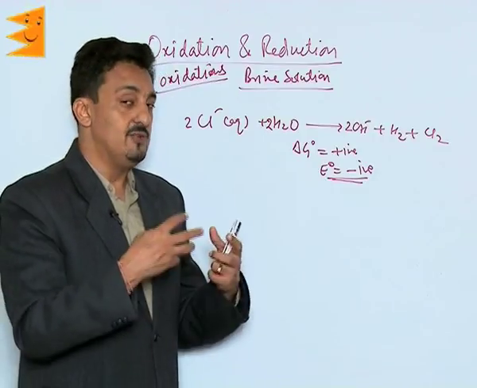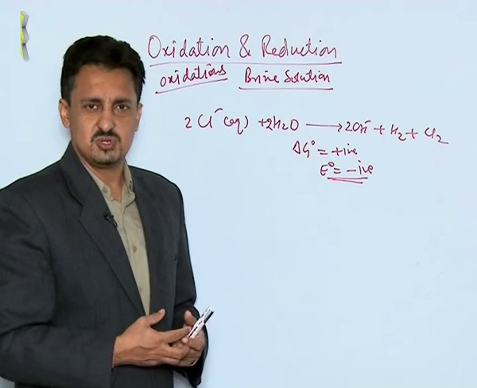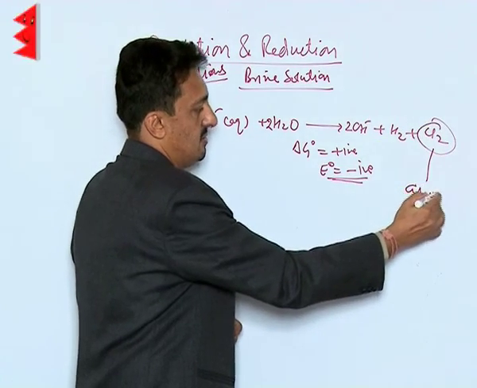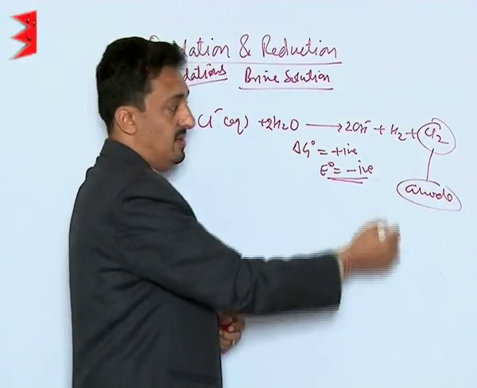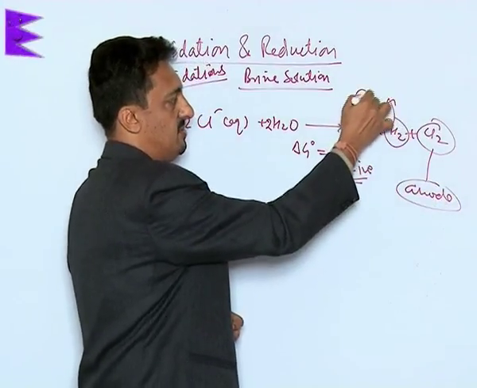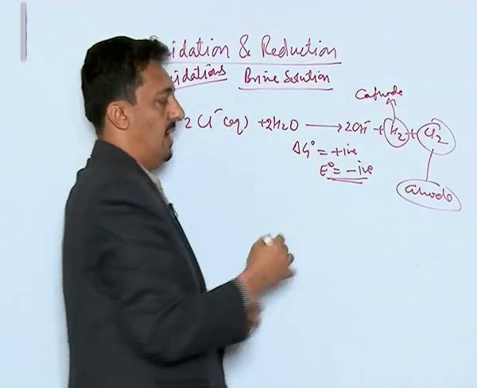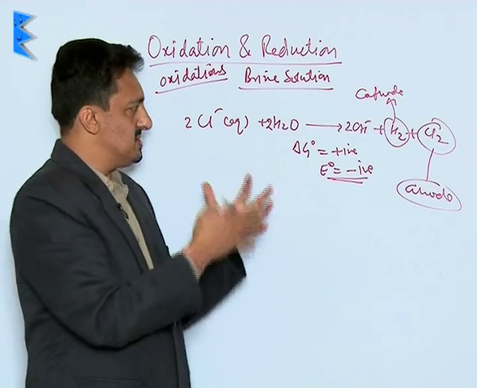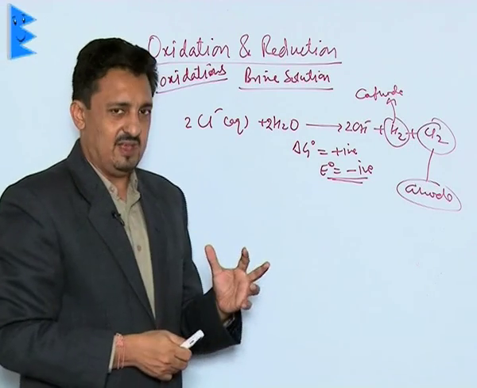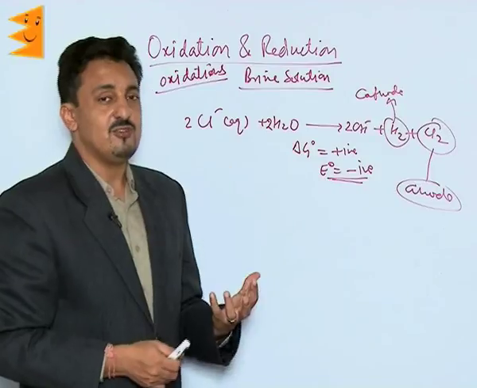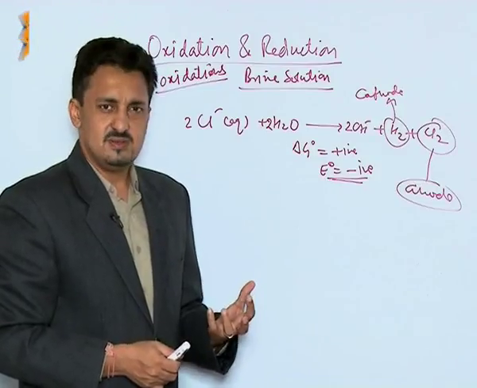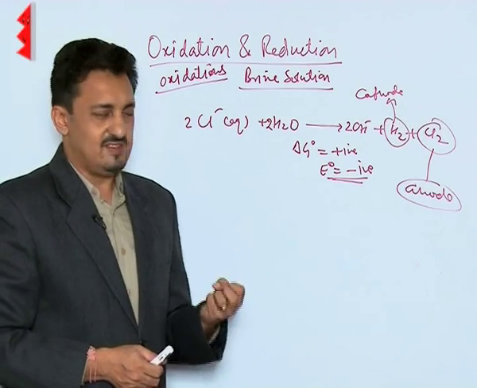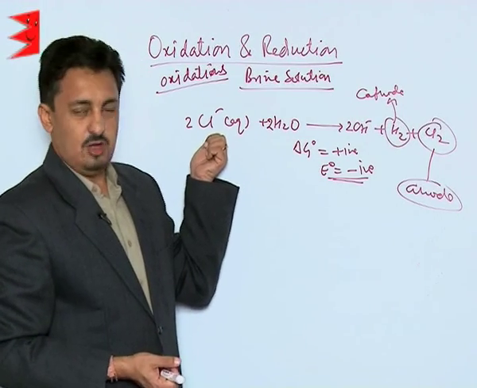We do the electrolysis of brine solution, where we get chlorine at the anode and hydrogen at the cathode, and NaOH is left as such. This is a very nice example to explain that oxidation is also used to obtain elements, but only for those elements which exist in the reduced state, mainly the non-metals.